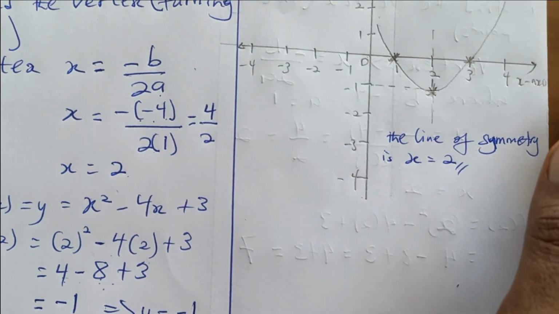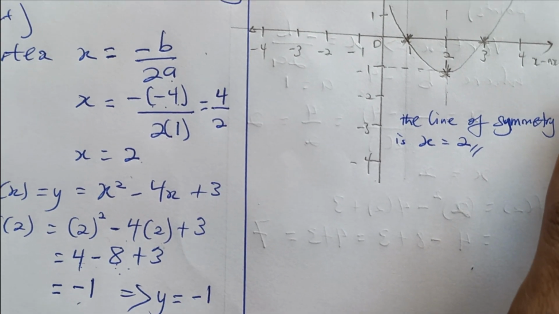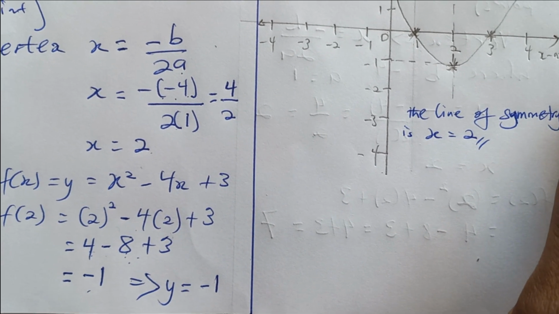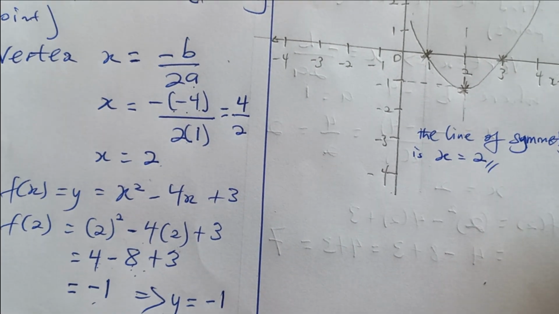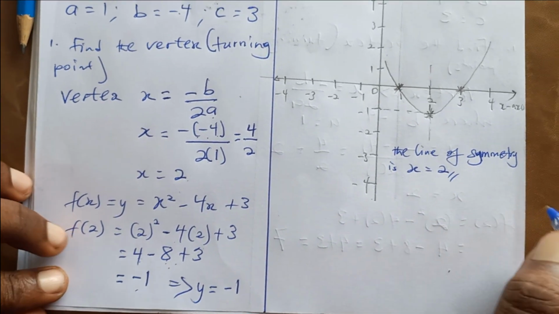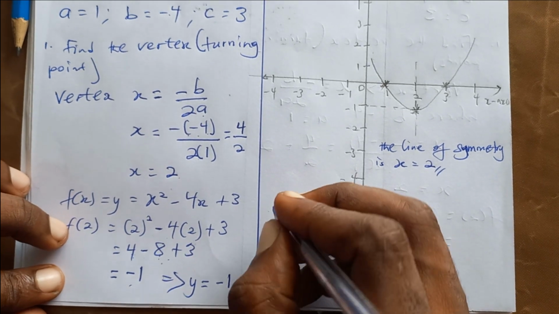Good. Let me give you a trial so that you solve it and you comment it under the comment section. Okay, so I'll give you this question for you to try.